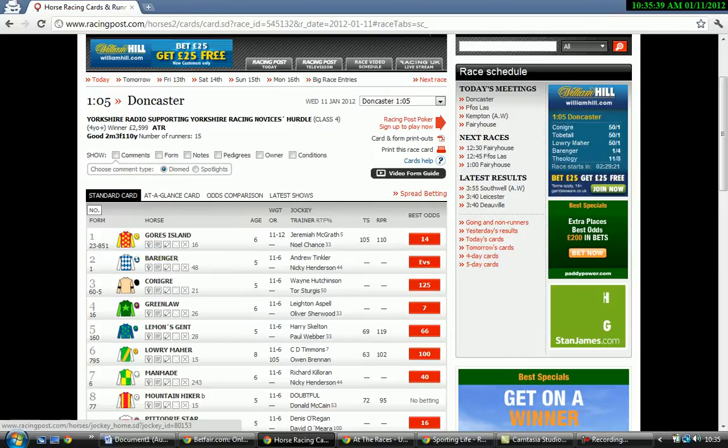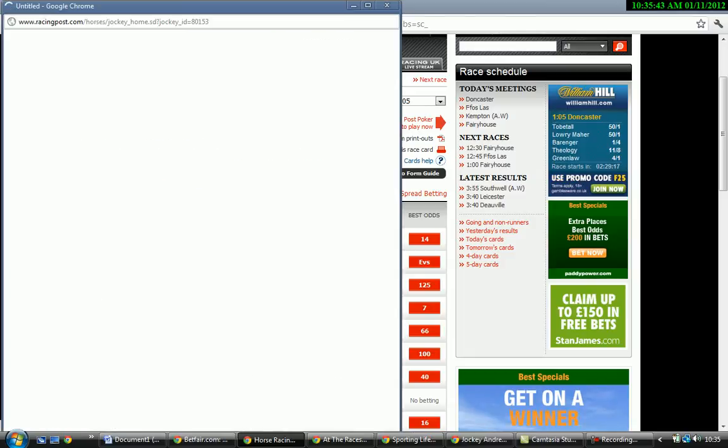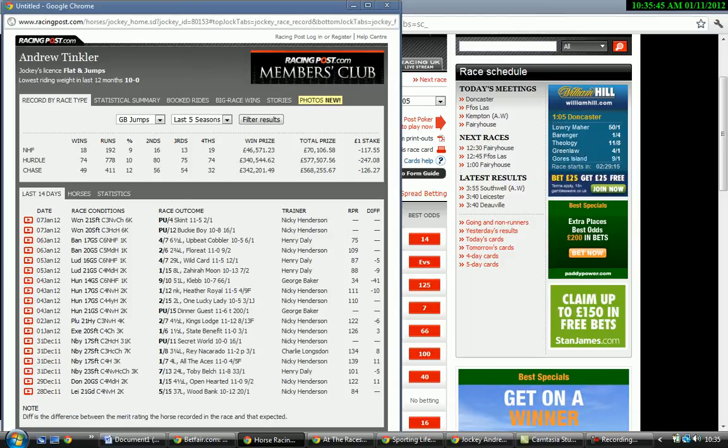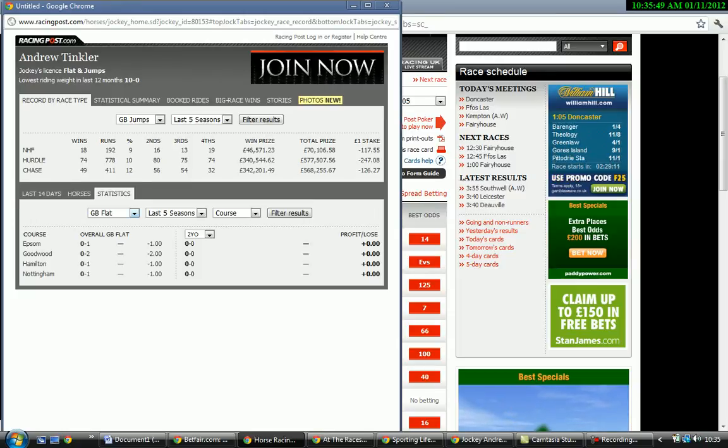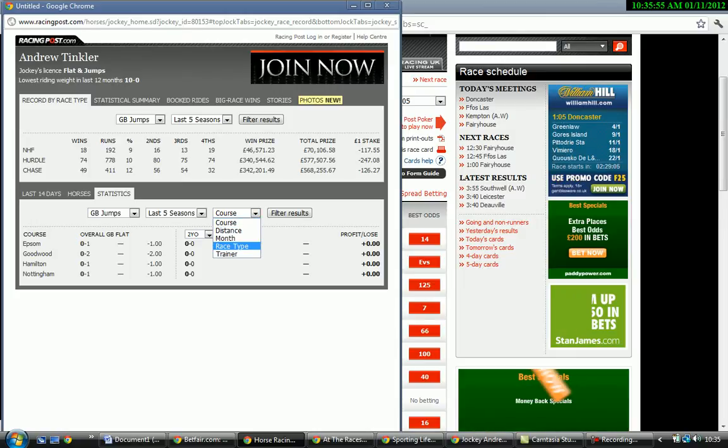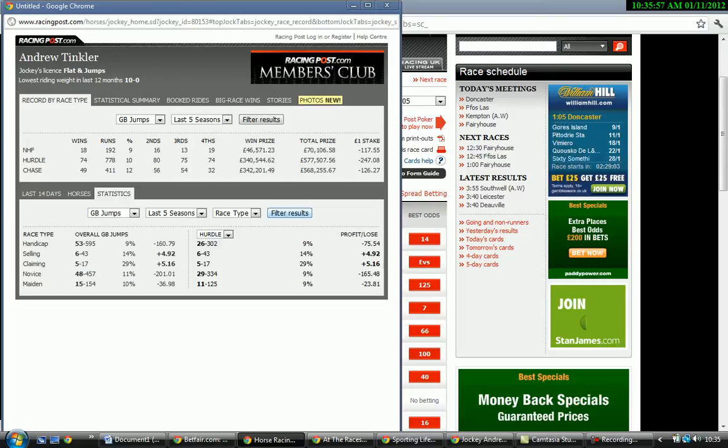So we don't stop there. Let's look at the jockey as well. I'm going to look at the jockey stats over the jumps. Race type, we'll just stick to race type. Look at that.